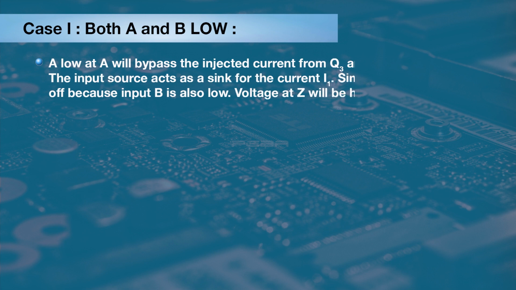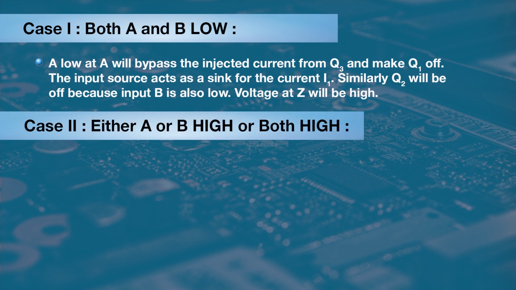Case 1, both A and B are low. When both A and B are low, A low will bypass the injected current from Q3 and make Q3 off. The input source acts as a sink of the current I1. Similarly, Q2 will be off because input B is low, so the voltage at Z will be high.